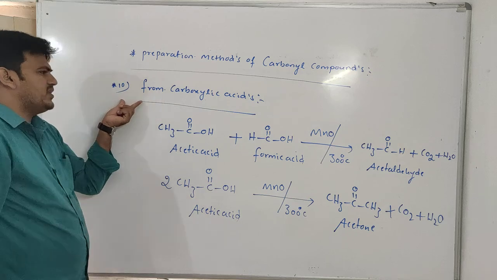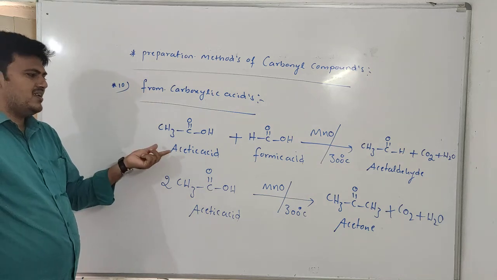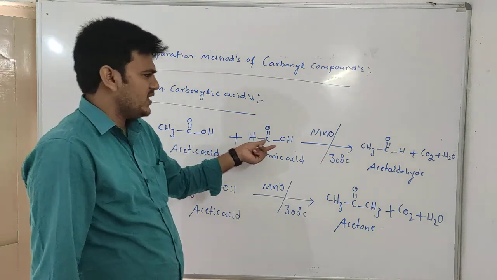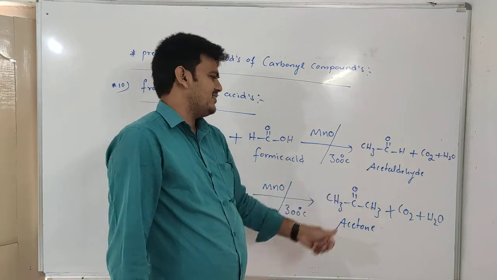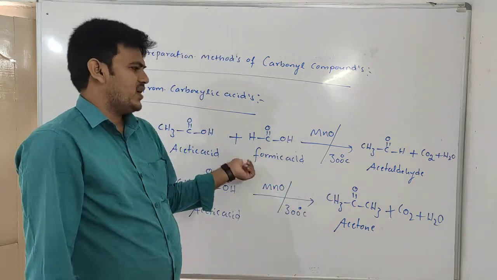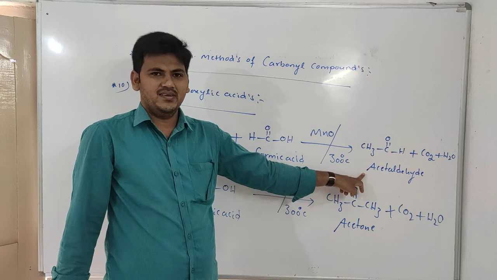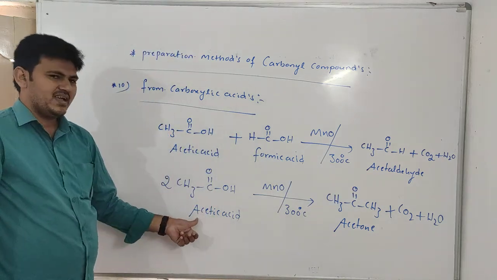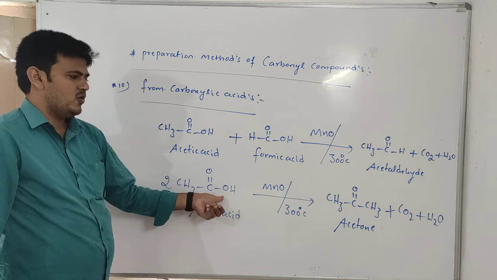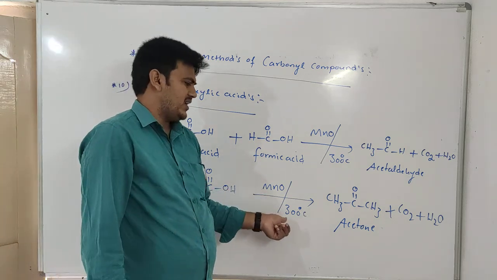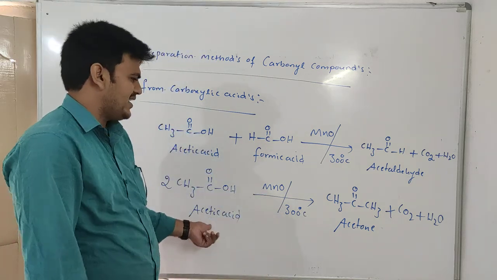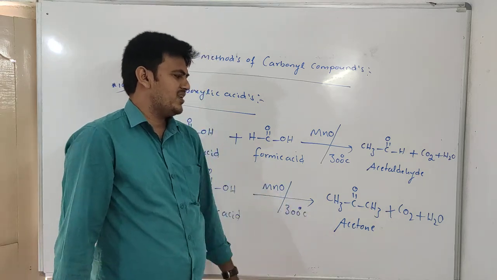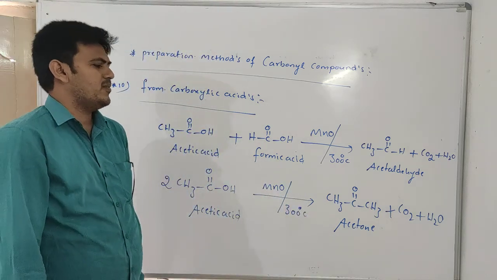So the 10th method is from carboxylic acids. For example, acetic acid plus formic acid, in the presence of MnO at 300 degrees Celsius, convert into the aldehyde CH3CHO. And the next one is 2 moles of acetic acid, which in the presence of MnO at 300 degrees Celsius is converted into acetone, and the byproducts are carbon dioxide and water.